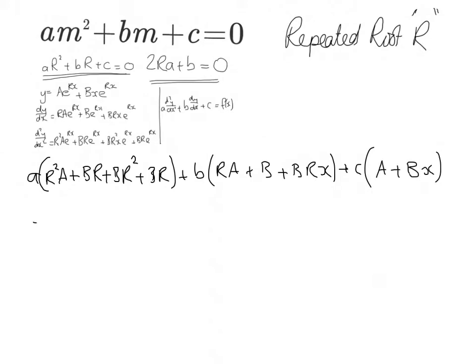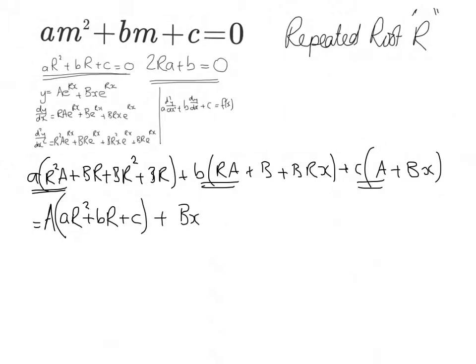Okay, let's tidy this up and see how much, for example, a we have. How much a have we got? Well, we've got ar squared, and then we've got plus br, and then we've got plus c. Oh, how nice, ar squared plus br plus c. How much bx have we got?